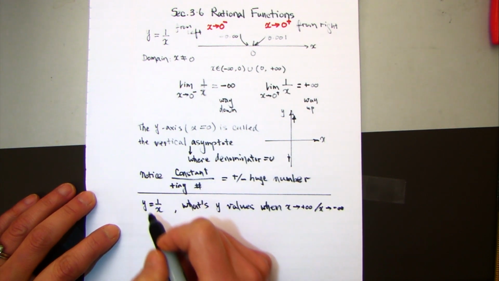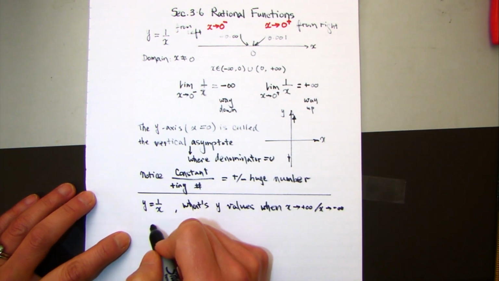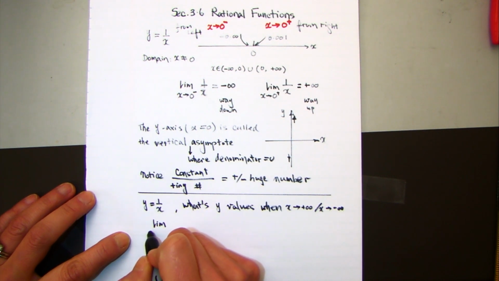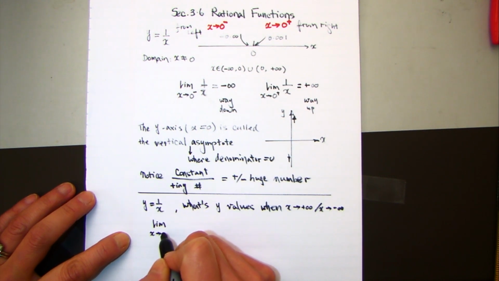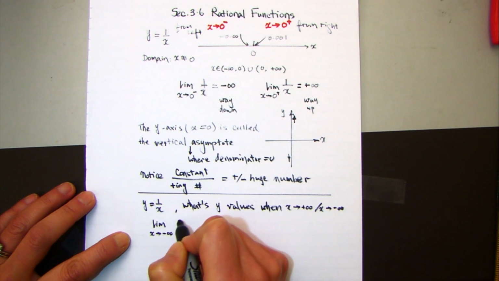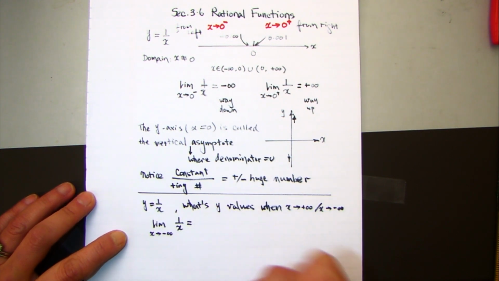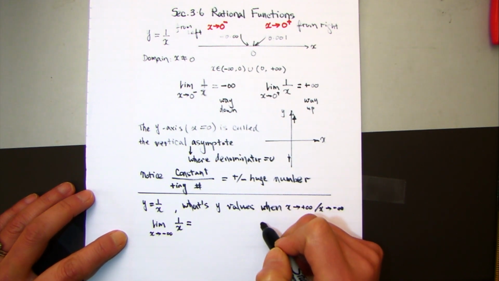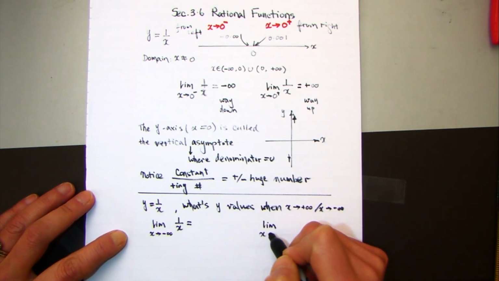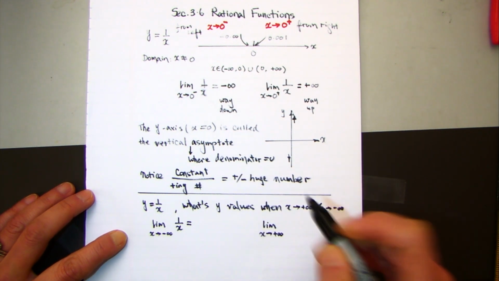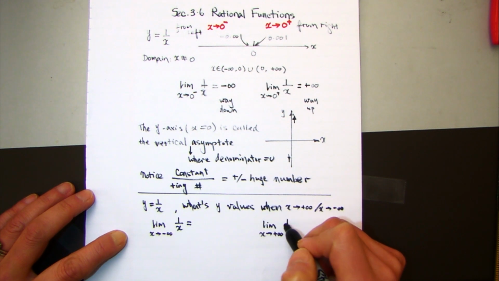What do we do? We are going to take a limit. So we're going to take the limit, and we want to go to x from the far left side, and the name of the function is 1 over x. And I want to find out what the y value is. Again, for the same reason, we want to know the y value when I go way to the right side of the x-axis.